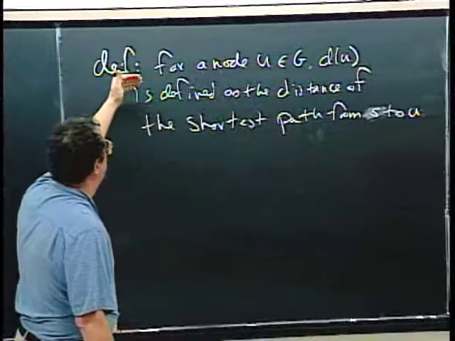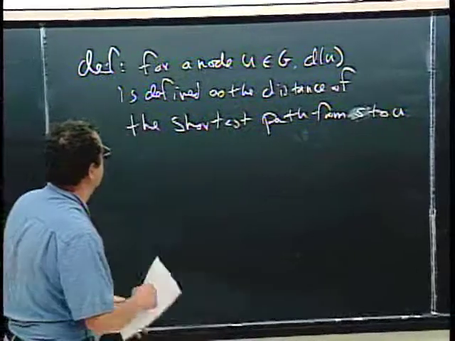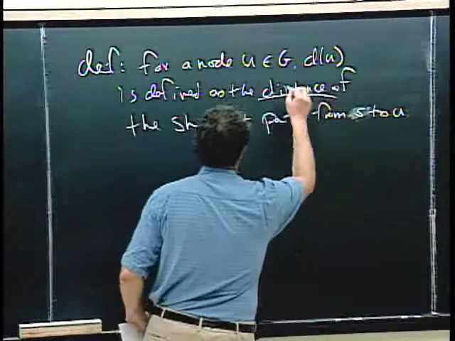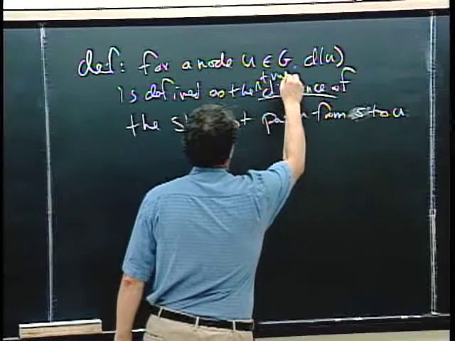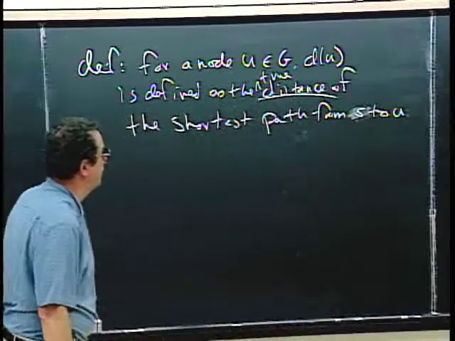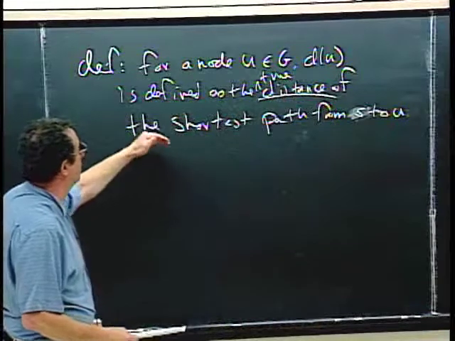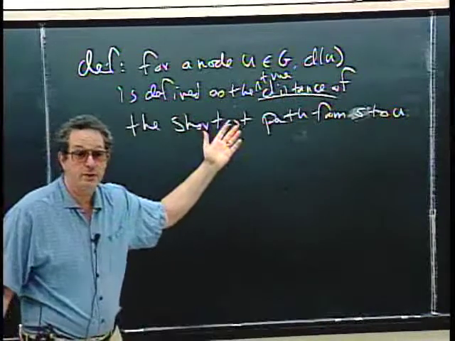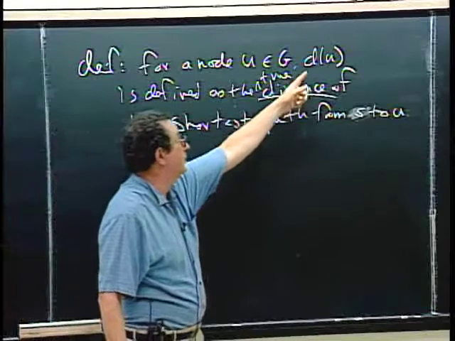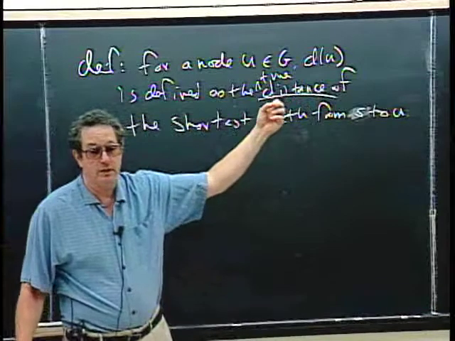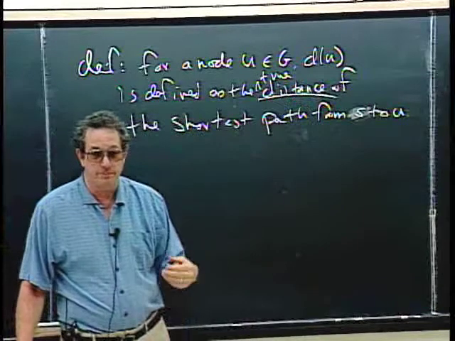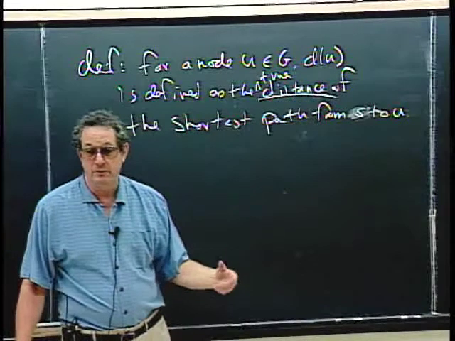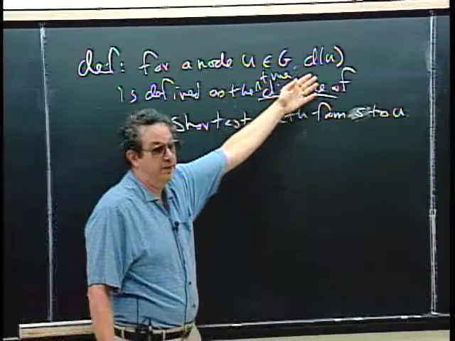For a node U, D of U is defined as the true and correct distance of the shortest path from S to U. And in Dijkstra's algorithm, we're also going to have a programming variable called D of U, and we'll want to prove that what the program sets for D of U is, in fact, the correct value.